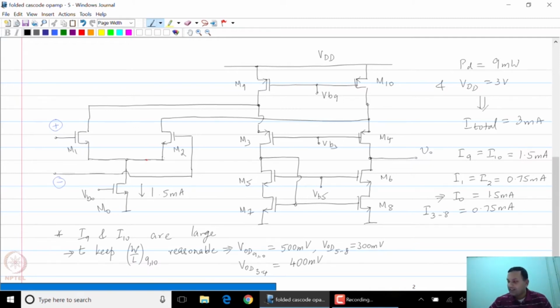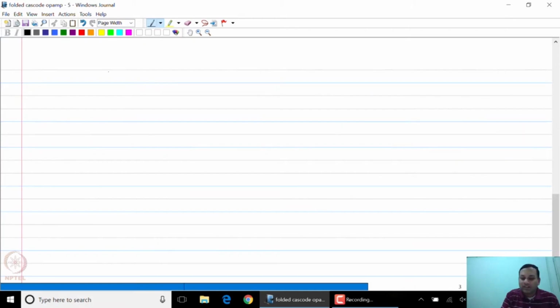If you look at the output levels, the output is going to swing between two levels. You have VDD minus V overdrive of 9 and 10.